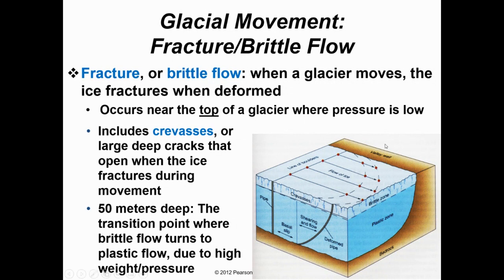So there's a substantial amount of friction, and that's holding back the edges and the bottom. The sides and the bottom don't move that fast in relation to the middle. In the middle, where there's a lack of friction, the ice actually flows downhill faster.